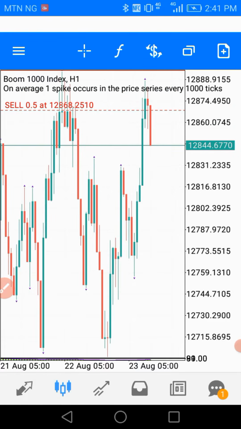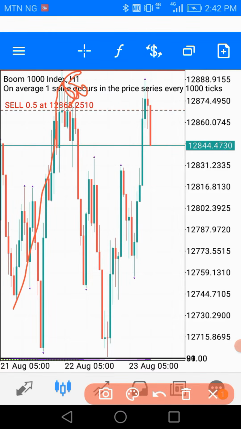Now I spotted that the market made a bullish move from here, and then I looked at several rejection candles around this area. Just as you can see, look at it, several rejection candles.